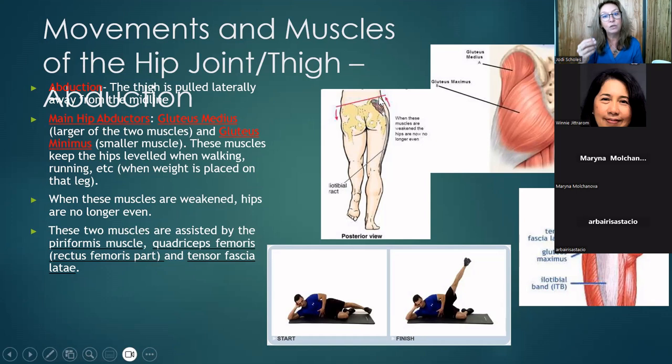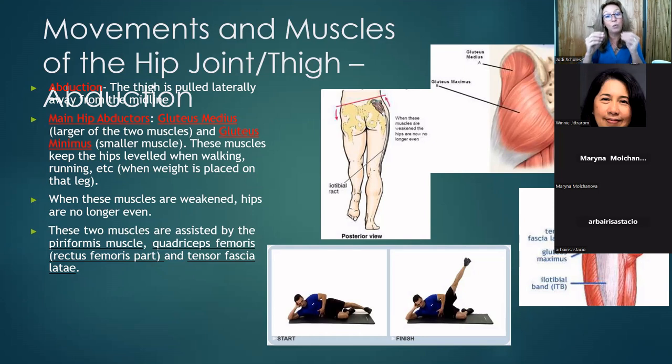So if the glutes aren't firing, and we hear that sometimes with athletes, runners, cyclists, triathletes, they are doing exercises to fire up their glutes, because we want to activate these glutes to get them working towards the goal, whether that's walking, running, cycling, whatever it is.